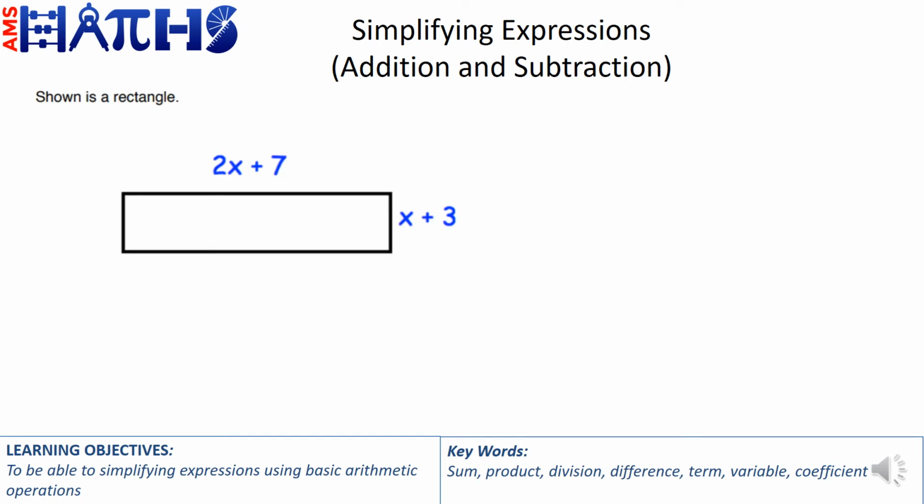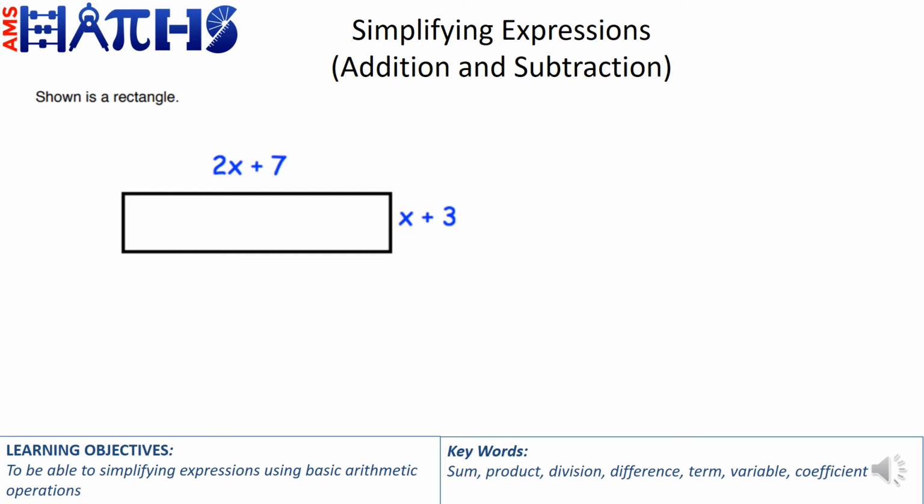Let's look at this final example where algebra and geometry are combined. So here we have a rectangle, and our task now is to write an expression that represents the perimeter of the rectangle.